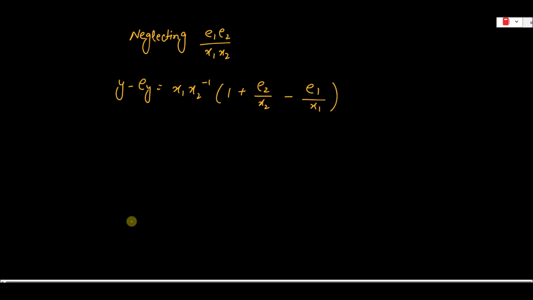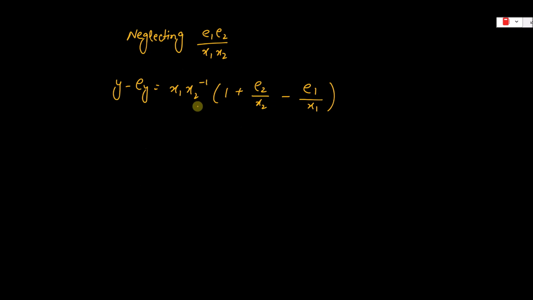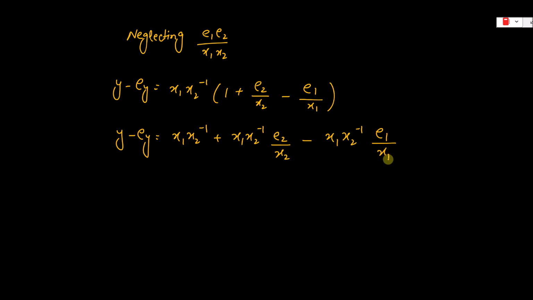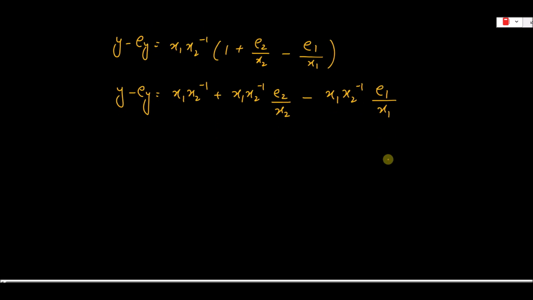Then we are going to multiply this x1, x2 with the negative power inside of the bracket. So that should be x1, x2 negative 1 plus x1, x2 negative 1, and that should be e2 by x2 minus x1, x2 negative 1 and e1 by x1.